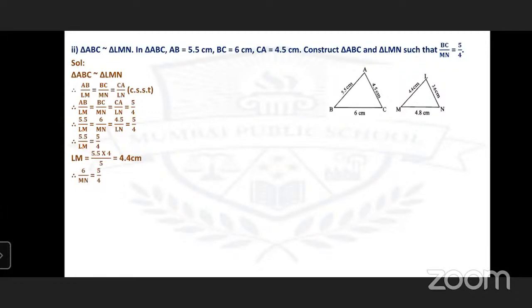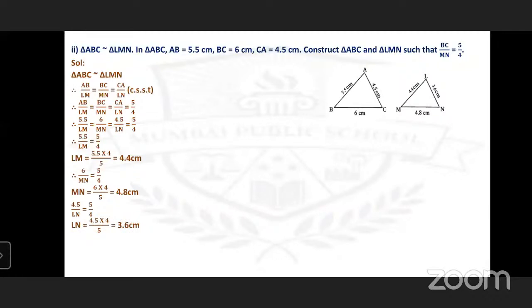So 6 into 4 is equal to 24, and 24 divided by 5 is equal to 4.8. So MN is equal to 4.8, and the third ratio, that is 4.5 by LN is equal to 5 by 4. Cross multiply, so we get 4.5 into 4 divided by 5, that is equal to 3.6. So in this way, we find the sides of the other triangle, that is LMN.